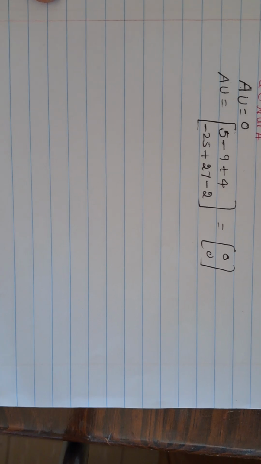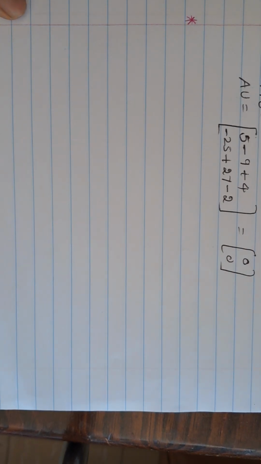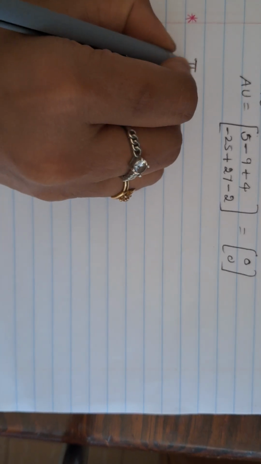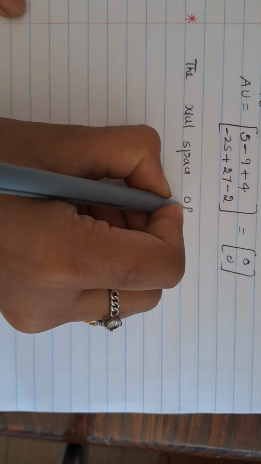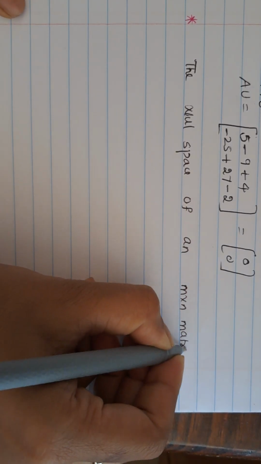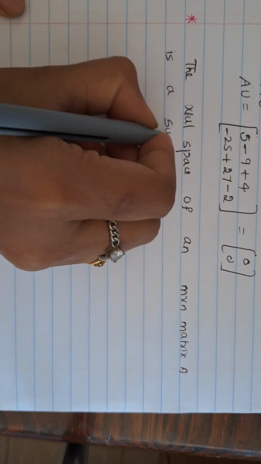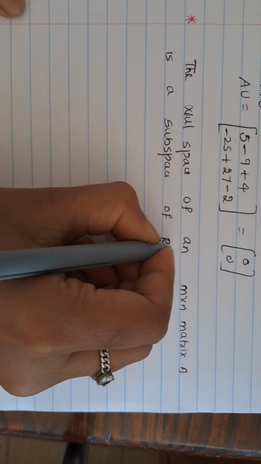Okay, so now let's see one of the properties of the null space. It says that the null space of an m cross n matrix A is a subspace of Rn.